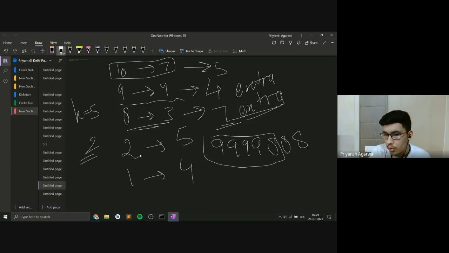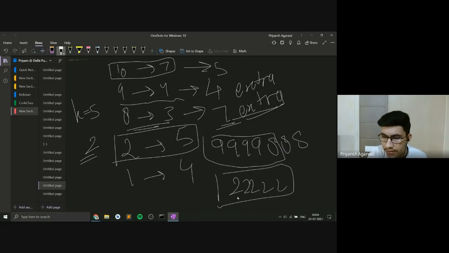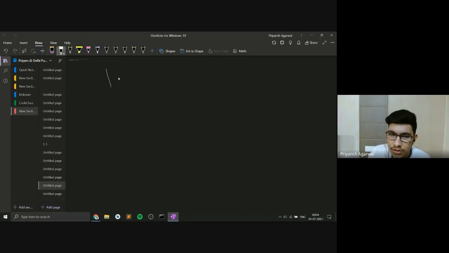Now we get to 2. So clearly what we can do here is include all of these 2s, or we can complete a segment from them, like 2 2 2 2 2. So this is a whole segment, right? We can just skip this and add 1 to our answer. Still our number of extras is 2 only. And after we get to 1, the frequency of 1 is 4, and the number of extras that we have are 2.